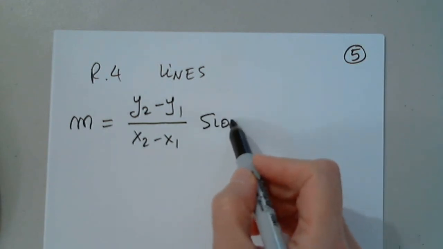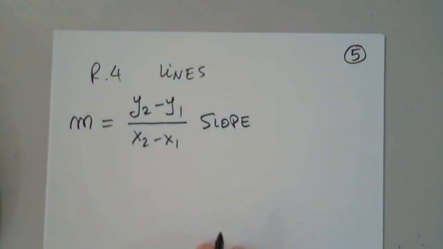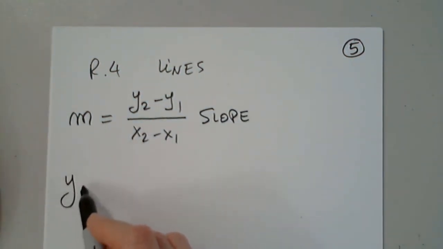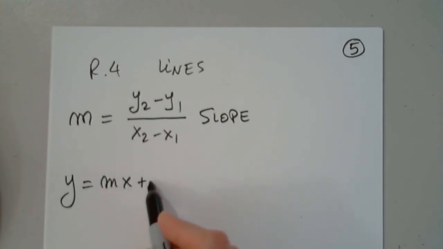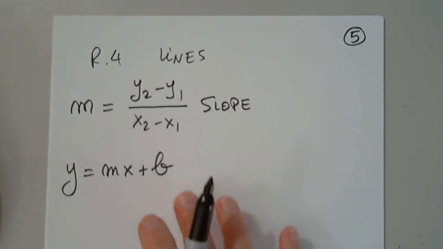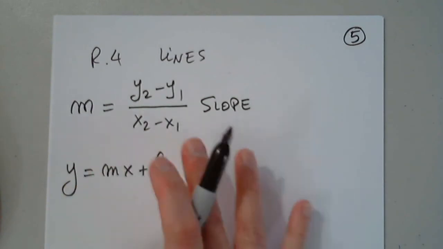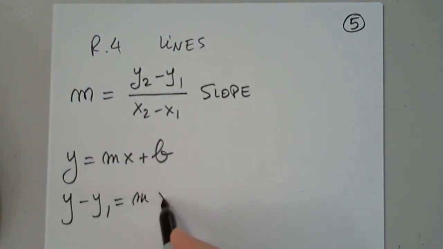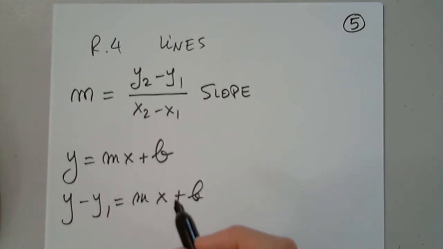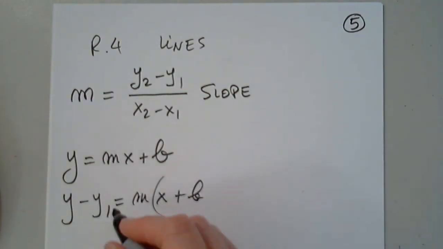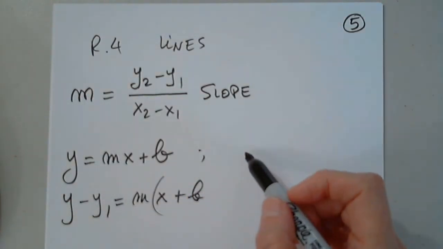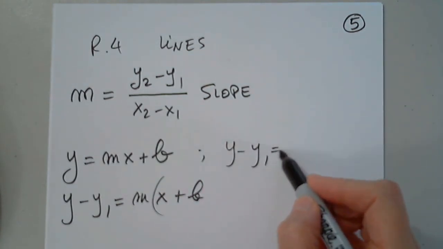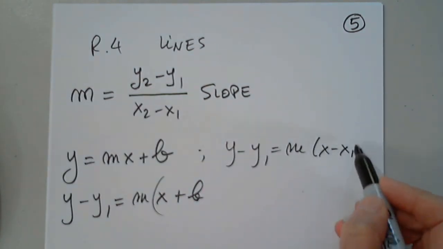Then we have y equals mx plus b, which we discussed. Remind me if we didn't, or if you want any explanation. And then y minus y1 equals the slope times x minus x1. I'm combining stuff here. Sorry about that.